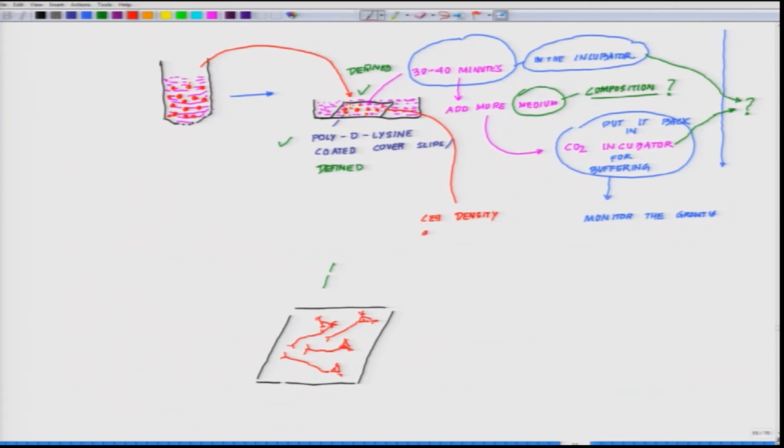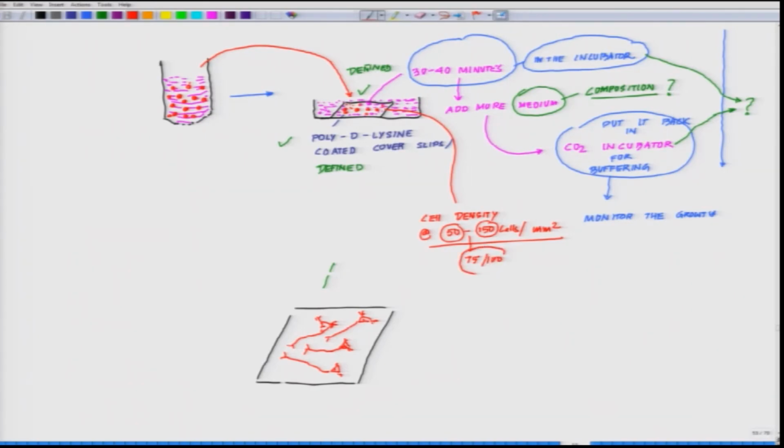Mostly for such small neurons, it is typically, I would say, anything between 50 to 150 cells per millimeter square. There are two things you have to realize here about the cell density, and this has to be defined very clearly. Either you follow 50 or you follow 150 or anything in between, say 75 or 100.